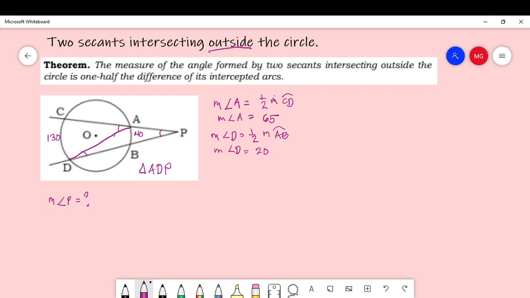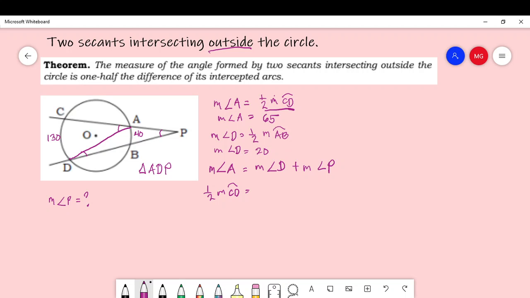So sabi natin sa exterior angle theorem, the sum of the two remote interior angles is equal to the exterior angle. So we have measure of angle A is equal to the measure of angle D plus the measure of angle P. So measure of angle A is 1/2 the measure of arc CD.